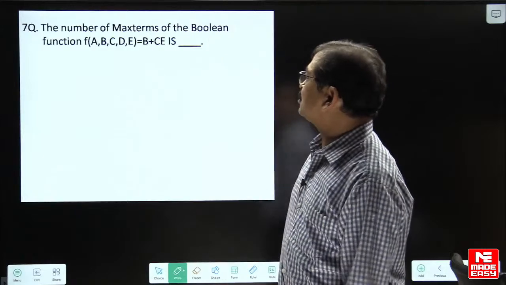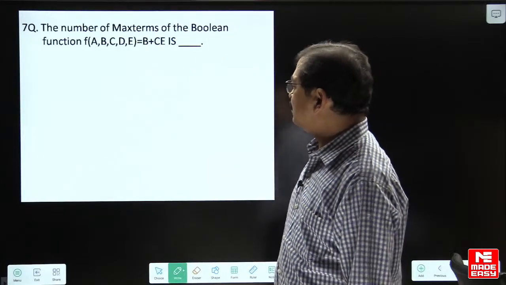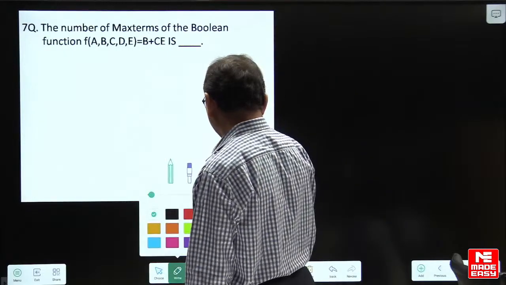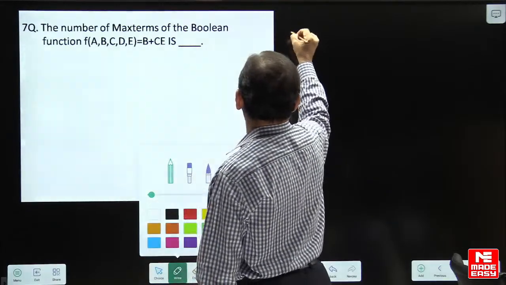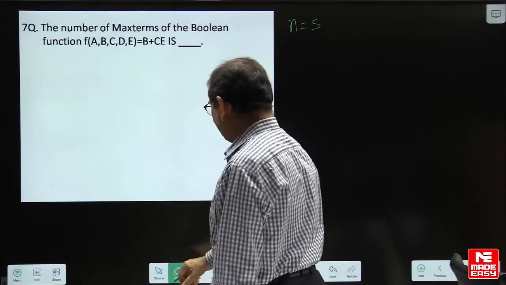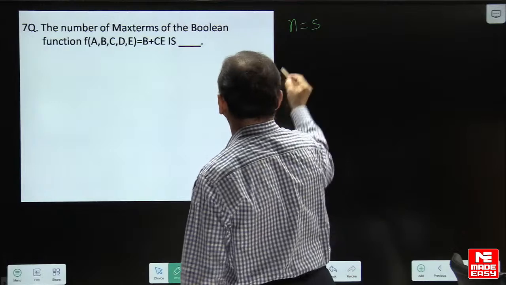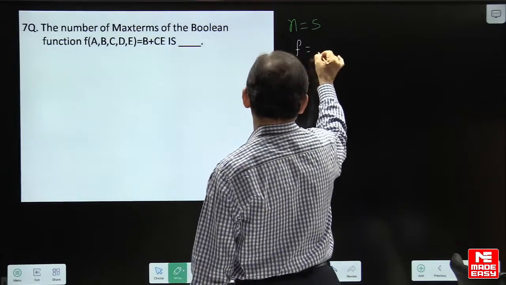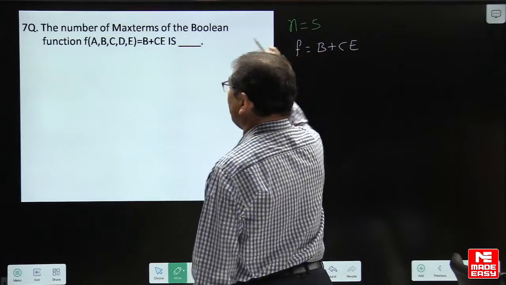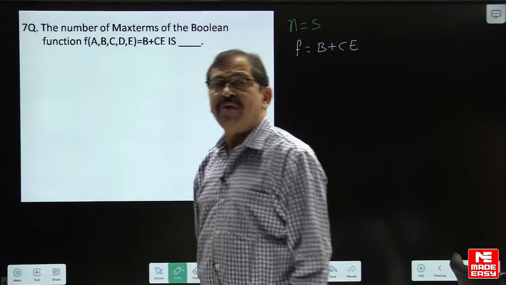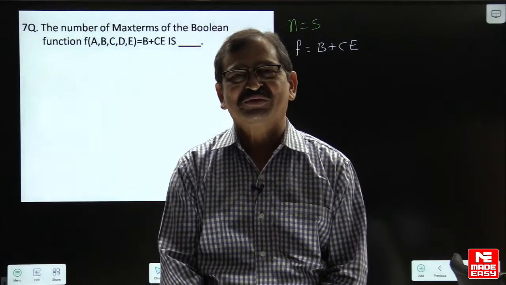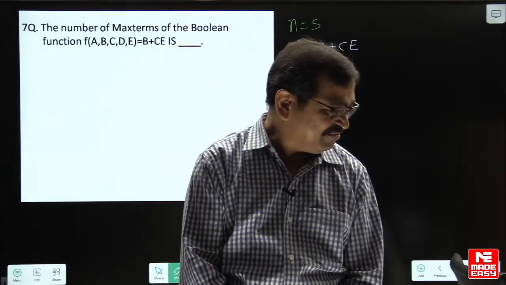The number of maxterms of the Boolean function f of a, b, c, d, e. So what we are looking at is a function on 5 variables. The expression we have here is B or C E. The question is the number of maxterms of this function.